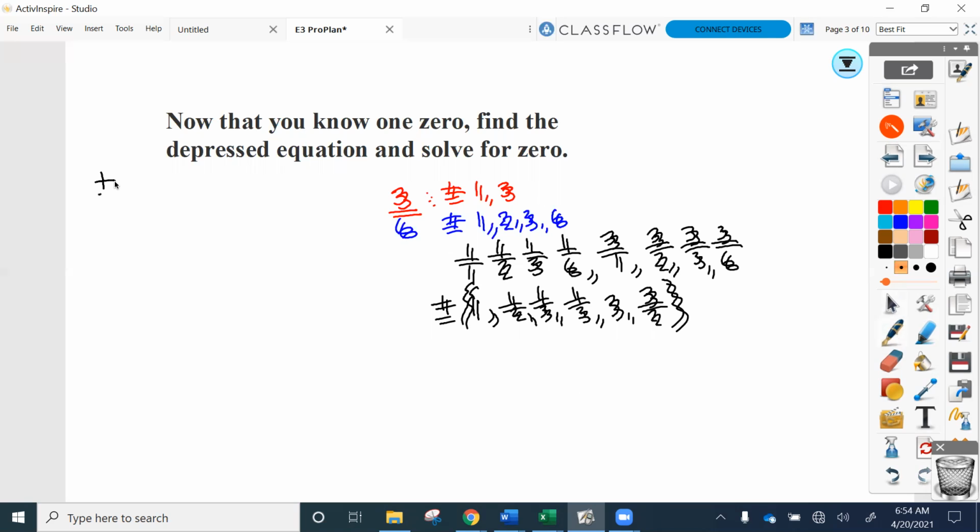We got plus or minus 1, 1/2, 1/3, 3, 1/6. I think we missed 1/6, 3 and 3/2. All right, I'll just get rid of this.